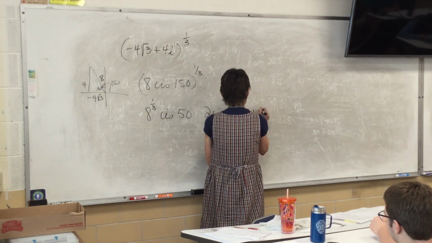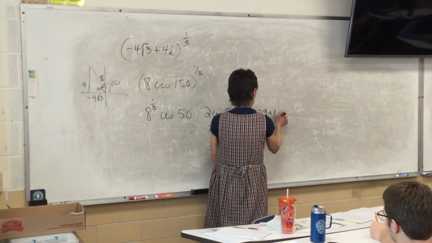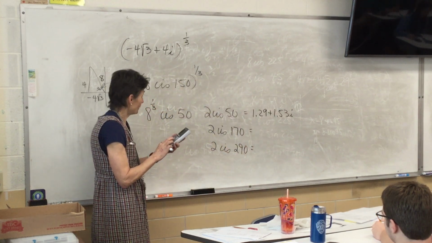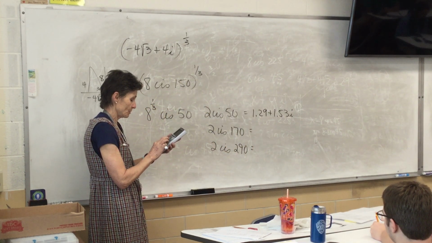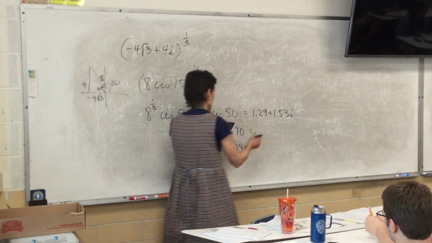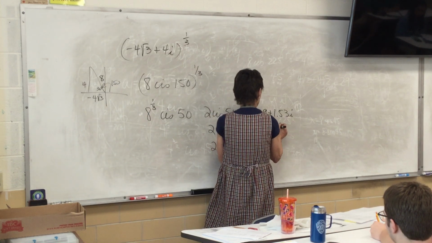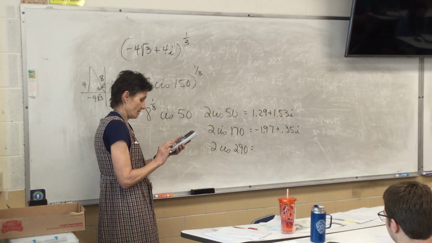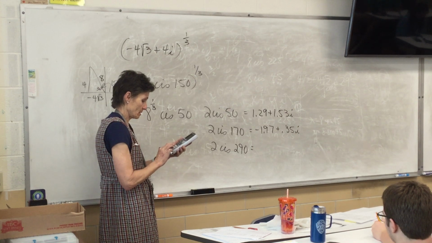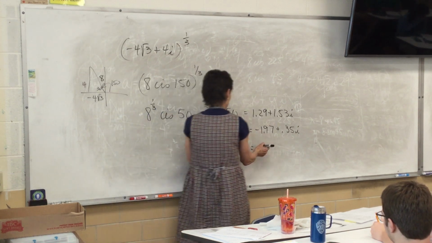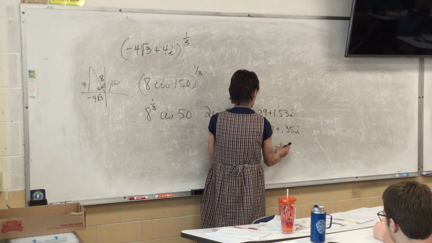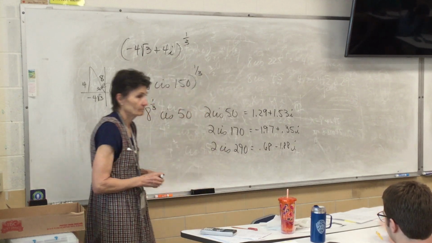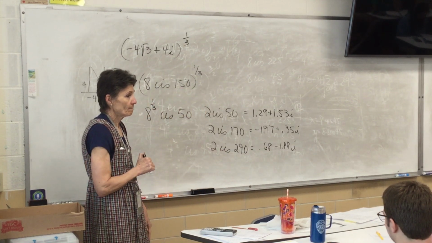So the first one is 1.29 plus 1.53i. 2 cosine 170, 2 sine 170. The next one is negative 1.97 plus 0.35i. And the last one, 0.68 minus 1.88i. Okay?